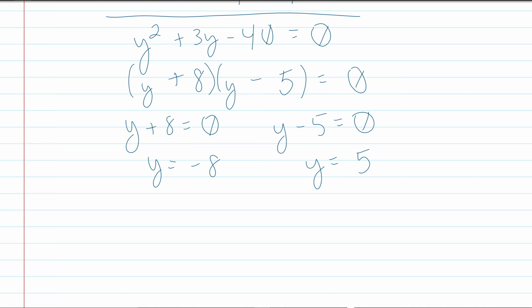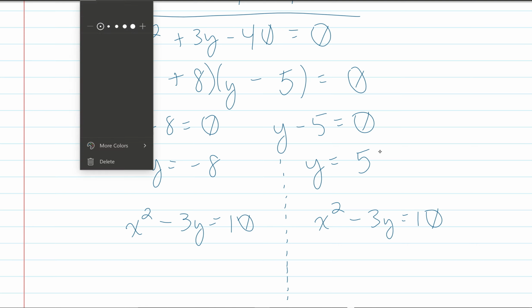So I'm just going to pick that first equation that was in our problem, x to the second power minus 3y equals 10. I'll write it twice because I'm going to substitute the two y values that we have found.